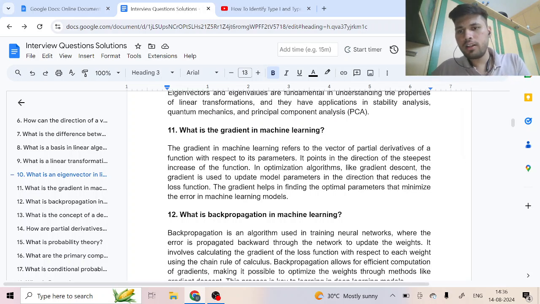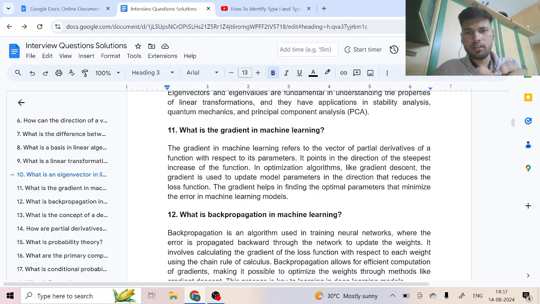It points in the direction of the steepest increase of the function. In optimization algorithms like gradient descent, the gradient is used to update the model parameters in the direction that reduces the loss function, so that we can reach that minimum point as soon as possible.